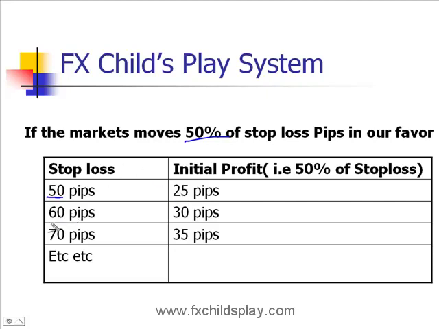Similarly, if our stop loss happened to be 60 pips, then as soon as we get 30 pips in our account, we will take off the initial position, and so on.